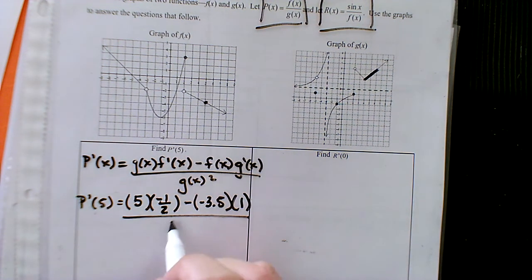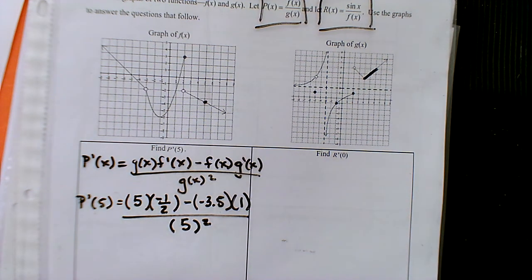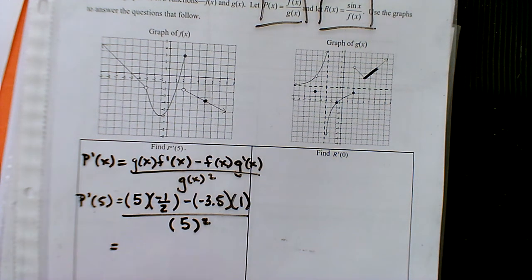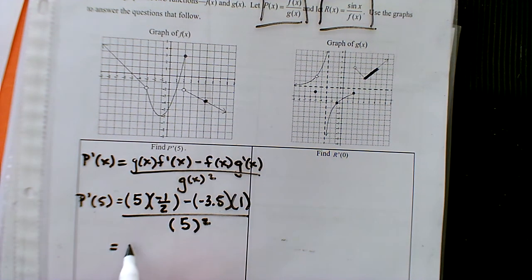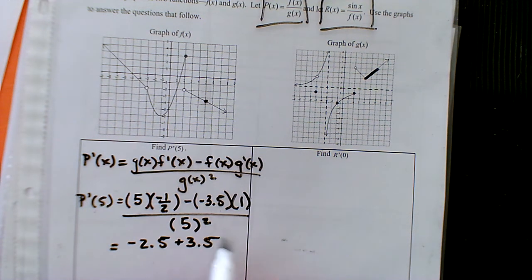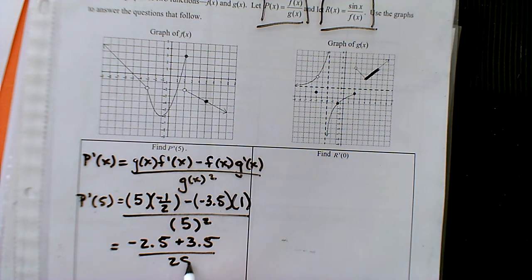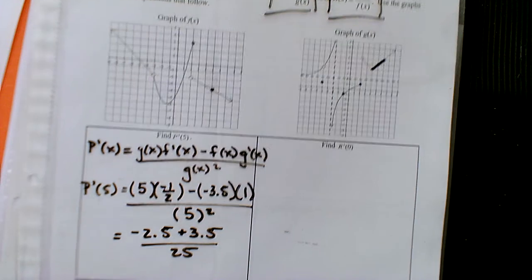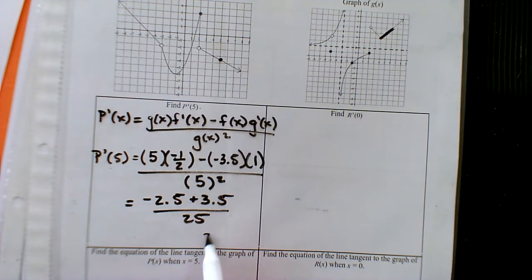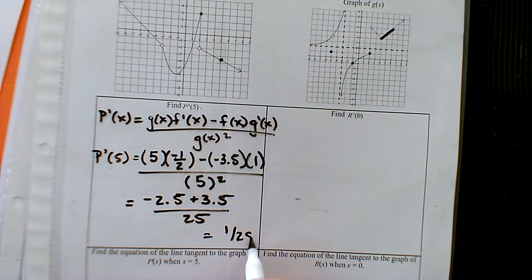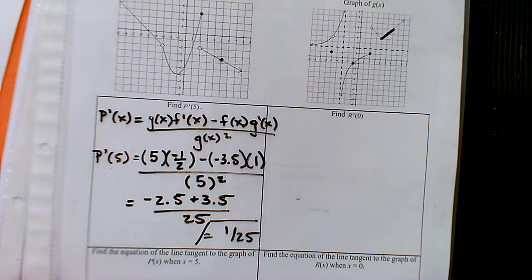All over g of 5 squared, and I think we said g of 5 was 5. So we applied the quotient rule shortcut, but now we're just using the graphs to fill in the different pieces. Let's go ahead and solve. So 5 times negative a half is negative 2.5, then plus 3.5 over 25. So we're left with 1 over 25. There's our slope.